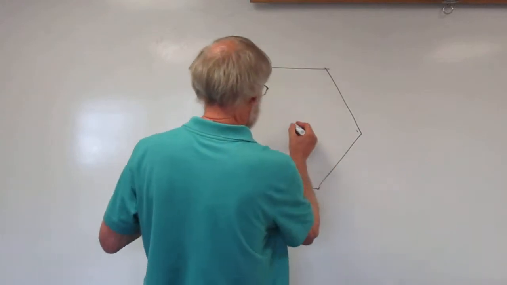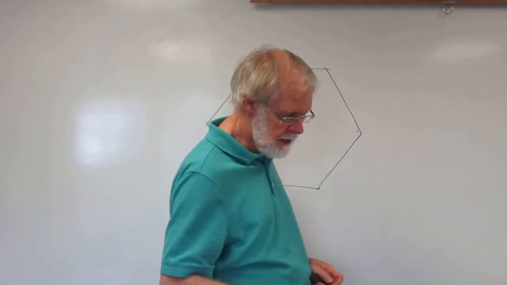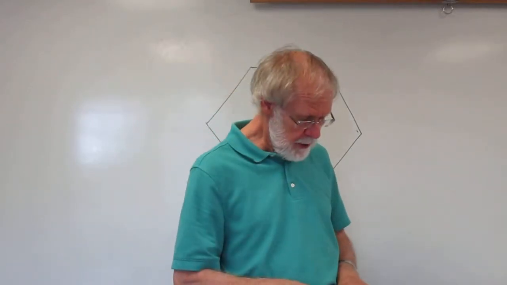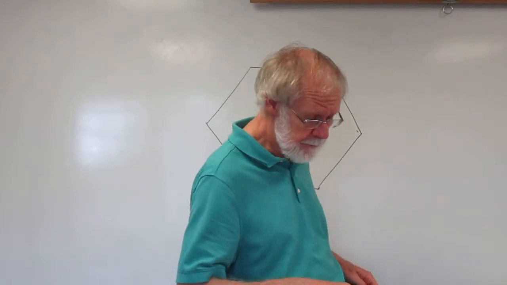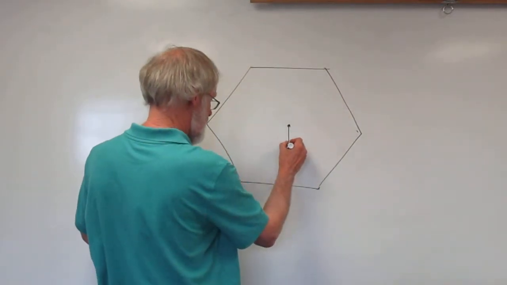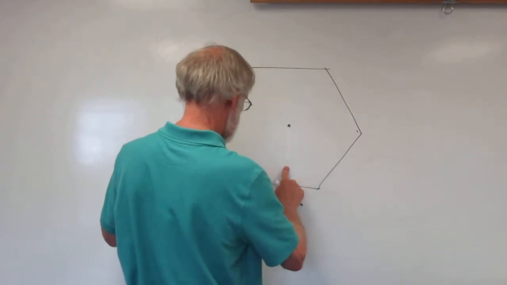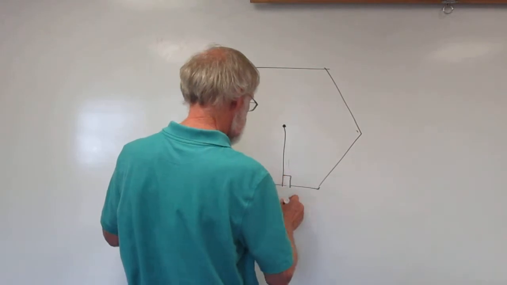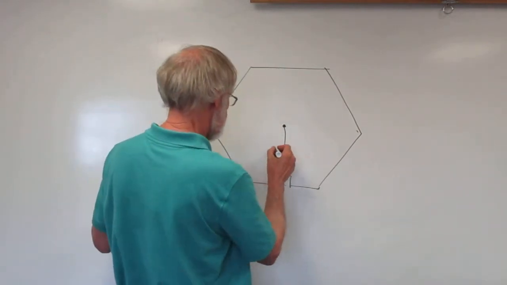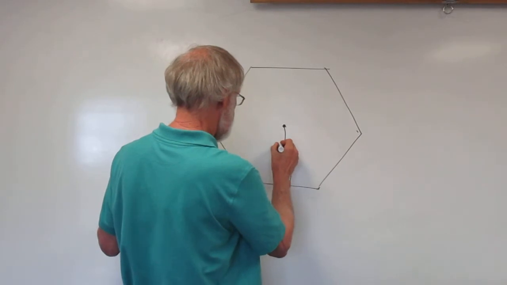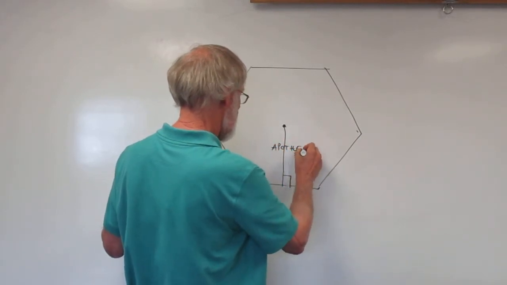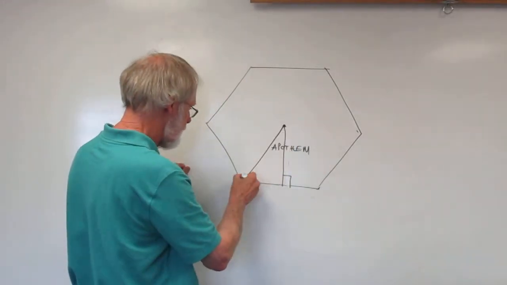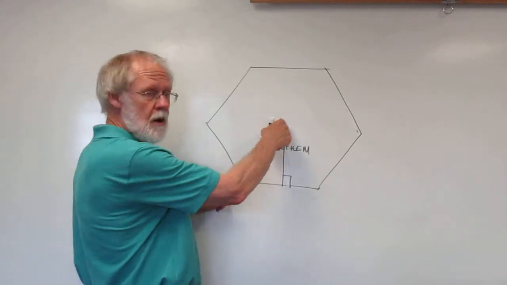It has in it an internal line segment which goes from the center out to a side, perpendicular. This is called the apothem.